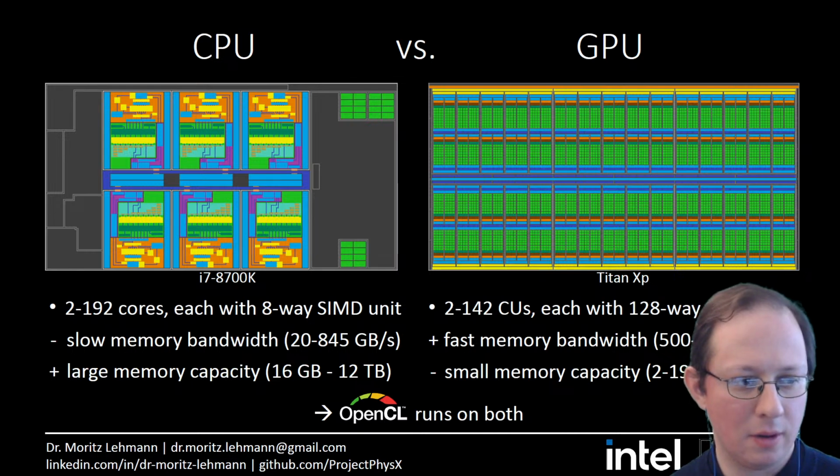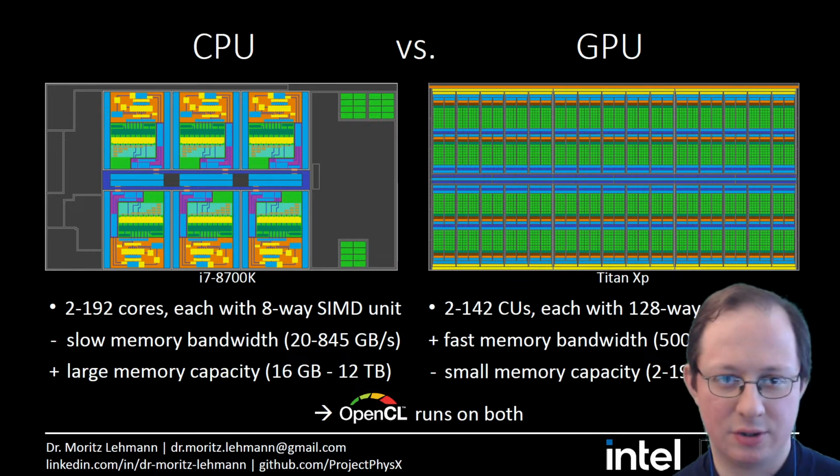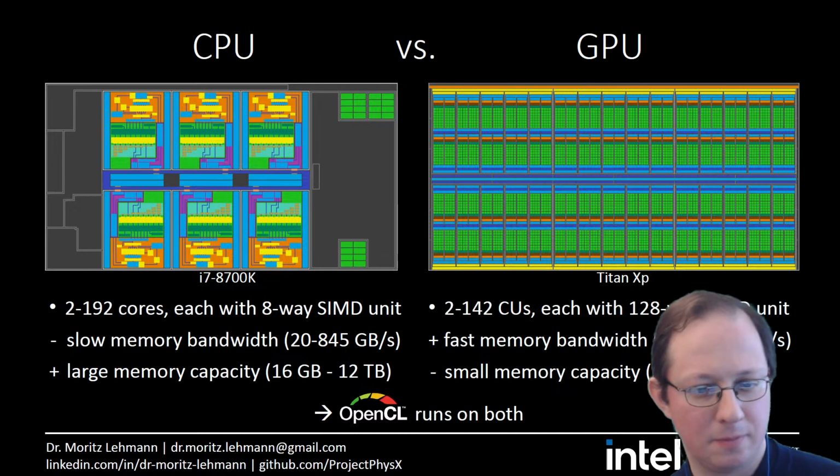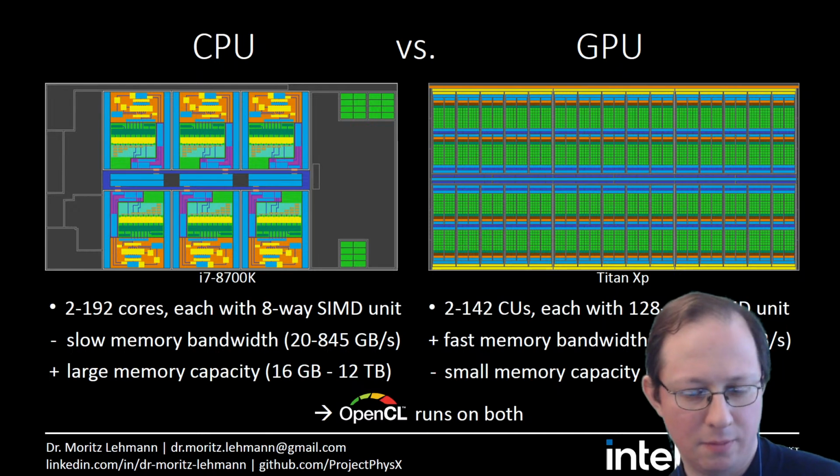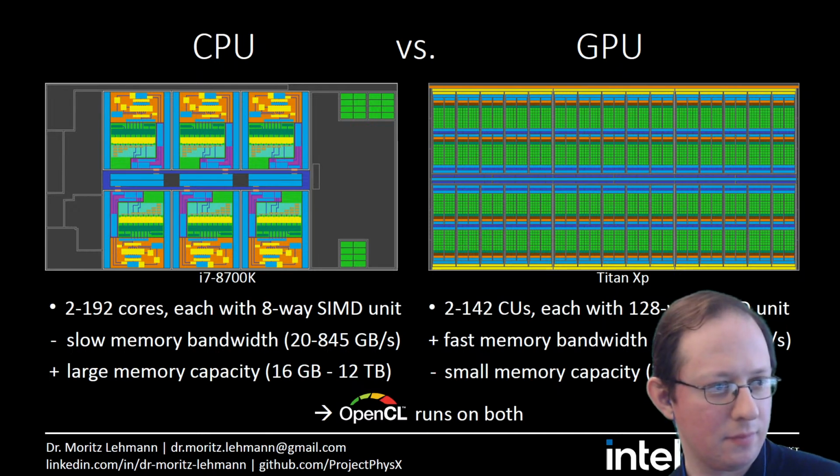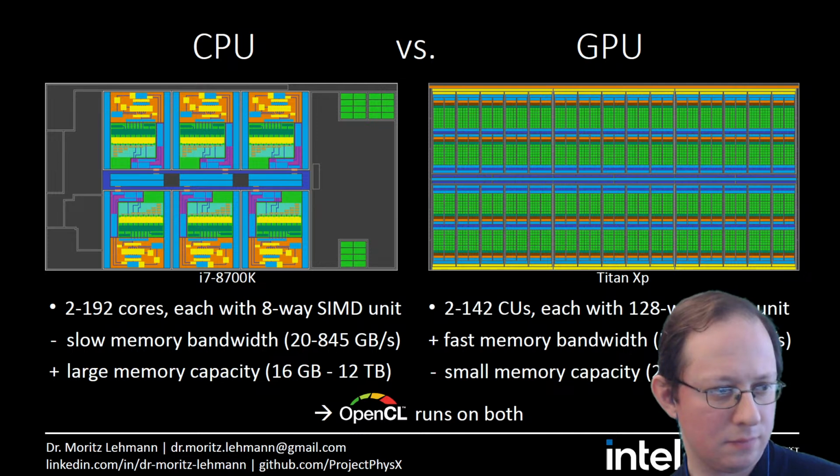Yeah. I teach this to, so the vector extension instructions. And each CPU core in itself can do the same operation multiple times in its SIMD unit. It's very similar to what the GPU does in the streaming multiprocessor.